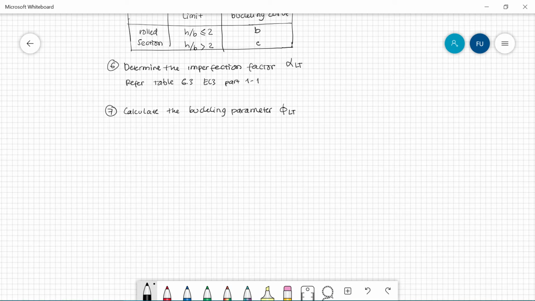You can find the expression of the phi LT in equation 6.56.